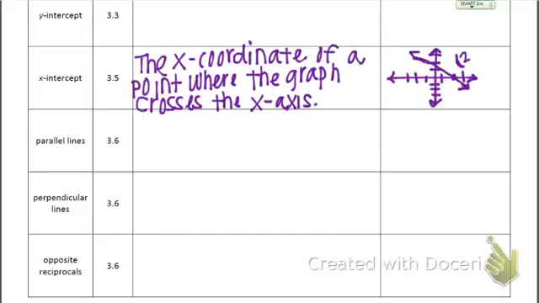It's at 2, comma what? 0. So the X intercept is going to be right here at 2, comma 0. Now the official definition says that it's just the x-coordinate, so the x-intercept is 2.